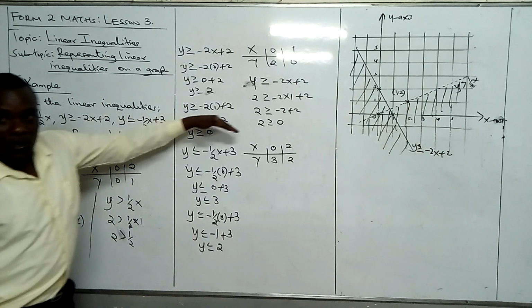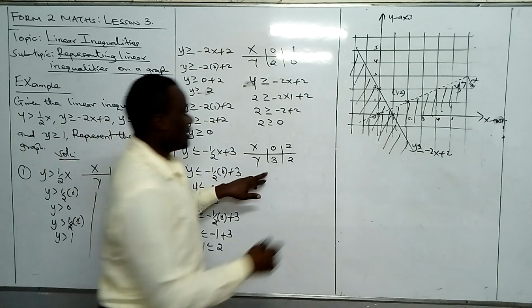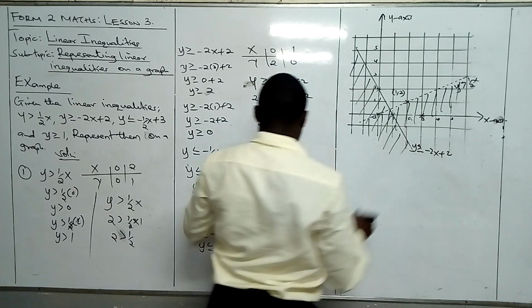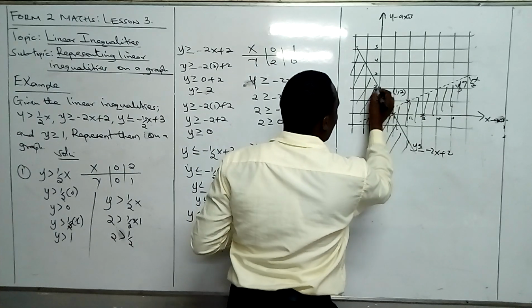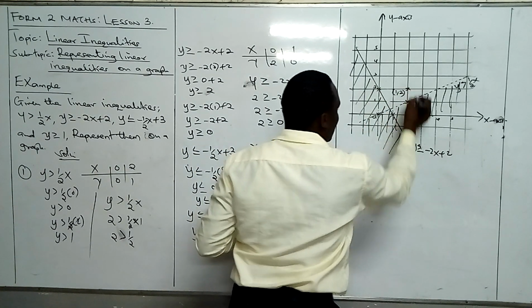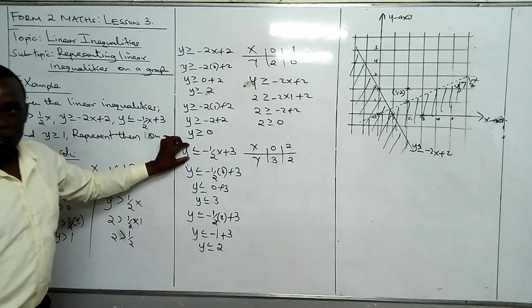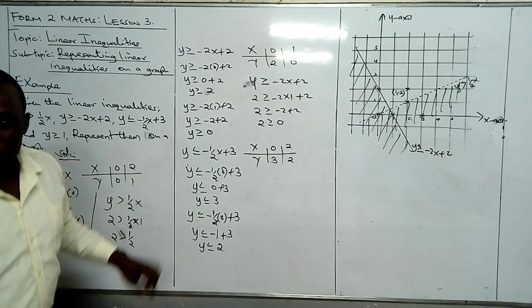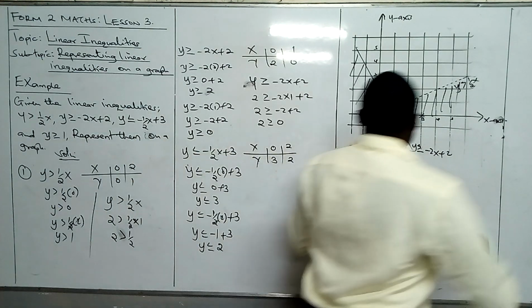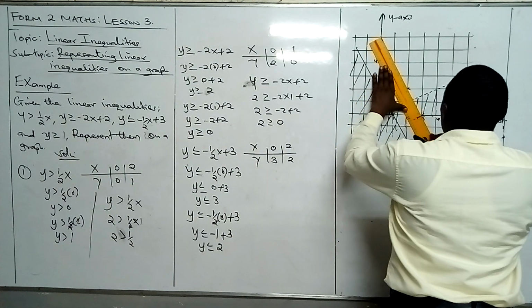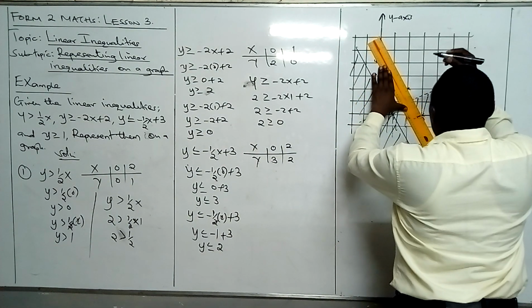Next, we will look at these points, (0, 3), then we have (2, 2). 2 is here on the y-axis, so they meet at that given point. We will draw again a continuous line because of less than or equal to, there is equal to, which is dictating that we draw a continuous line.